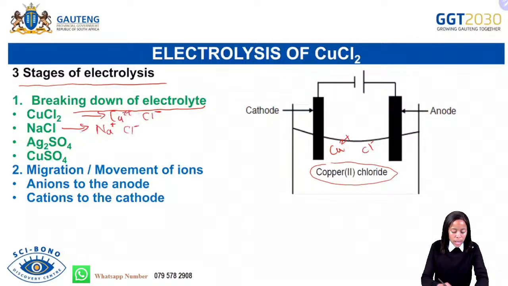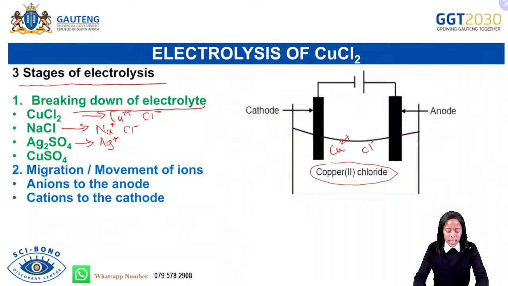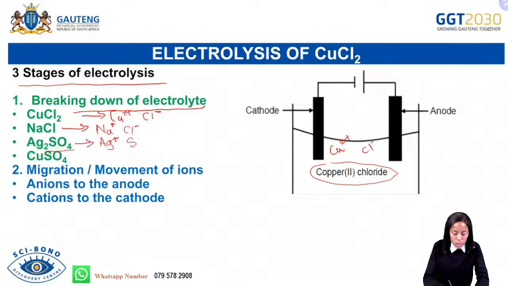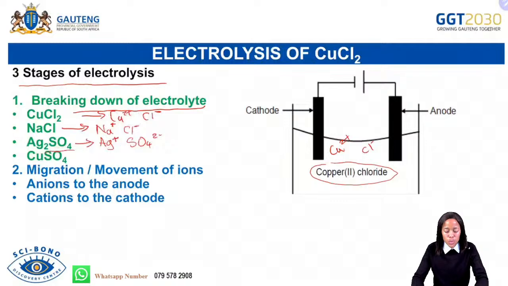And if you are to break down the electrolyte silver sulfate, what are you going to have? Silver is a transition metal, so the charge on the silver will be Ag+, and SO4 is a polyatomic ion, so we know the charge of the SO4 will be 2-.